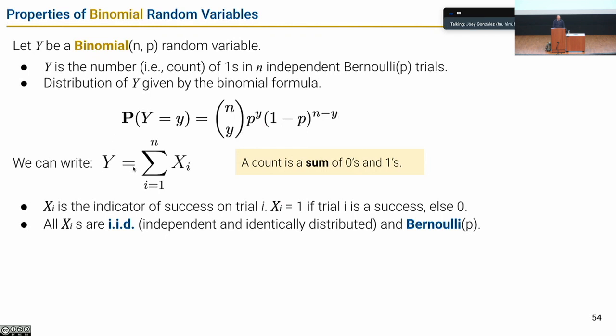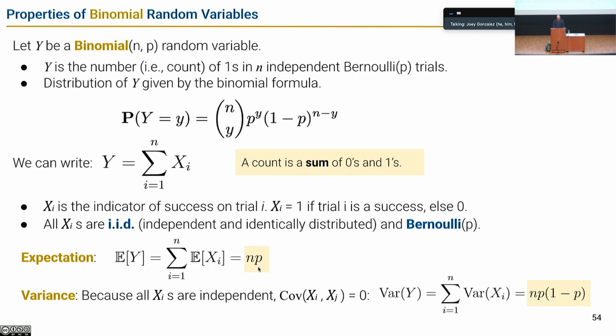We can write this as a sum of Bernoulli trials, as I said earlier, and use that to analyze the expectation. The expectation of y is just the sum of the expectations of each of those trials, so with n trials, that is n times p, because we know the expectation of a single Bernoulli trial is p.